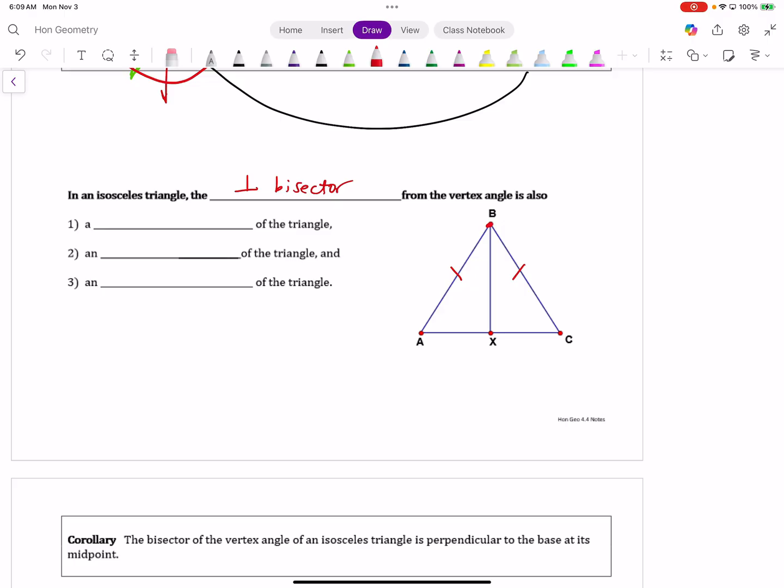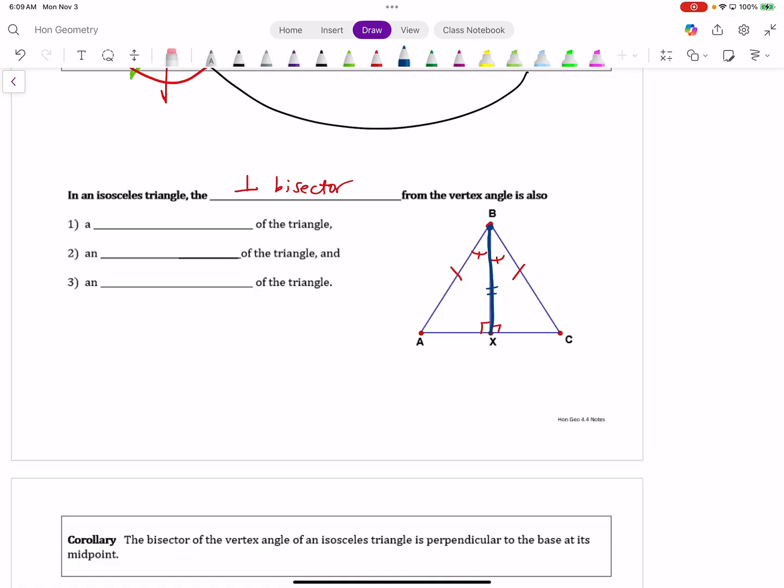So we're going to mark this up. We know this angle would be congruent to this angle. We know this is going to be perpendicular. And so if I'm looking at that perpendicular bisector, so I'm looking at this piece right here, okay, then those two triangles are congruent by side angle side. Or I guess technically we could go angle side angle, but you go with whatever you hit first.